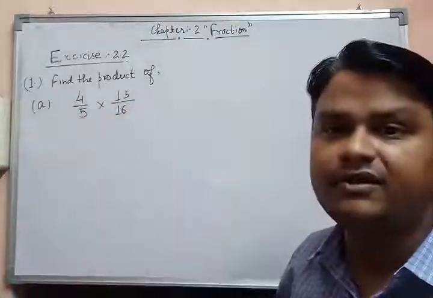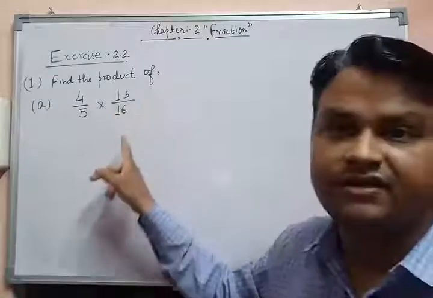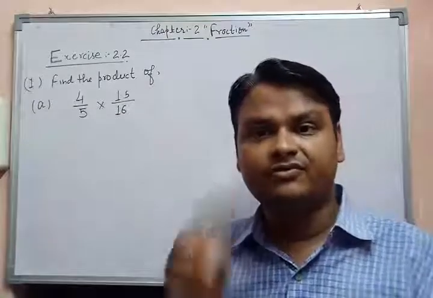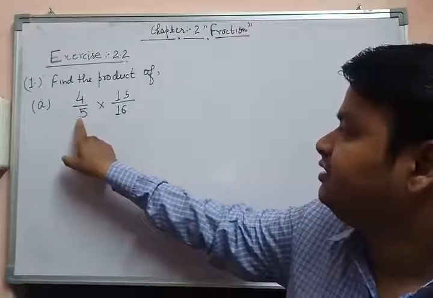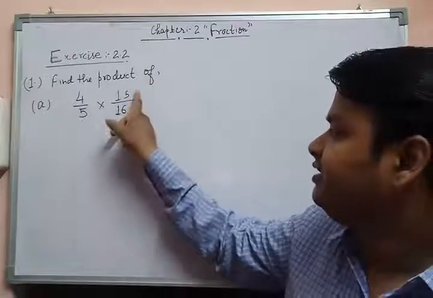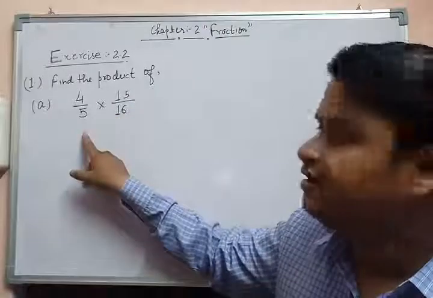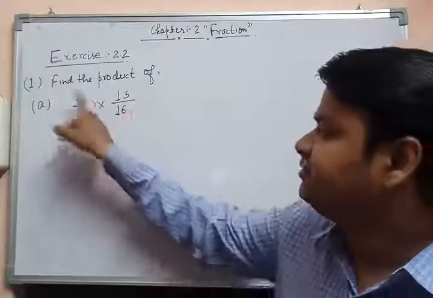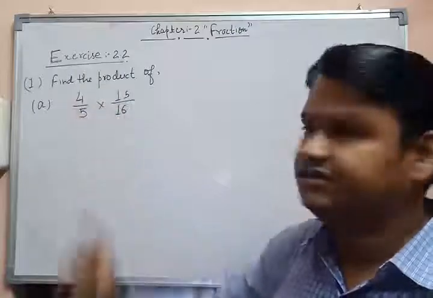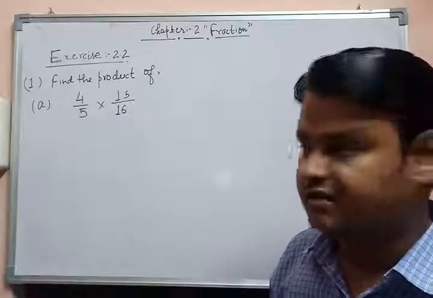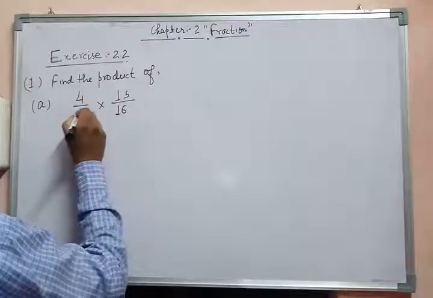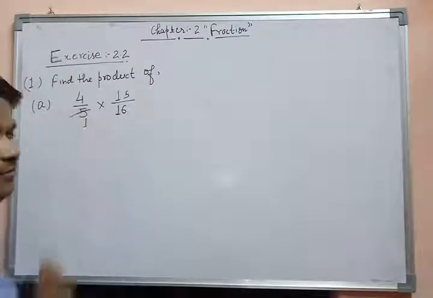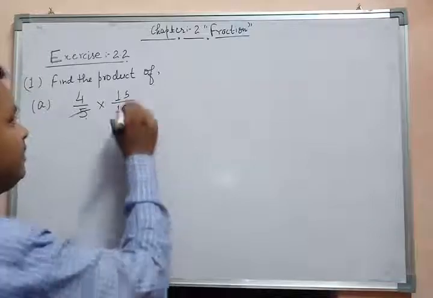If you want to multiply a fraction by a fraction, then first of all you have to check whether any denominator is cancelled by a numerator. Yes, because 5 ones are 5, and 5 threes are 15.